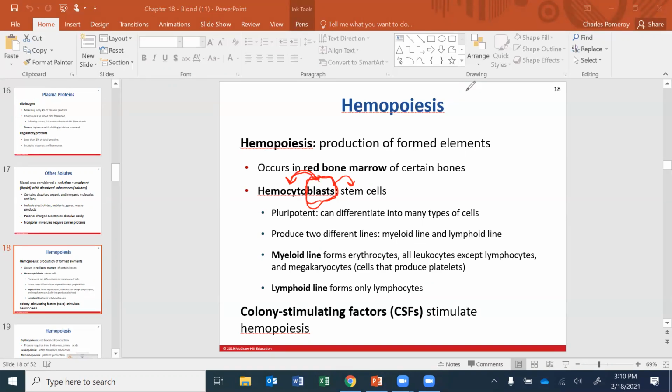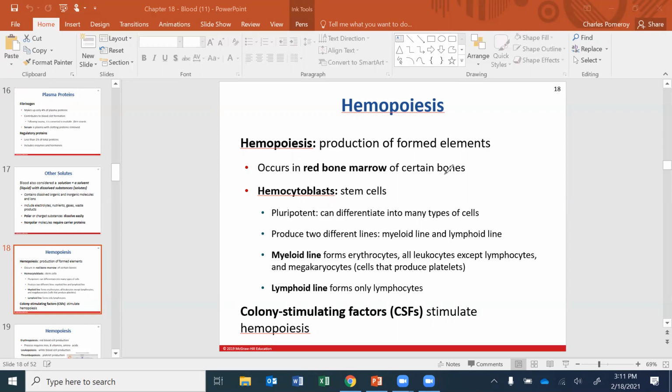You also hear them called blood cells, but I'll explain why I don't like that word too much. I'd rather call them formed elements, because two of them are technically not cells. But hemocytoblasts are the stem cells in your bone marrow, and they can differentiate into all types of formed elements depending on what signals they're receiving.